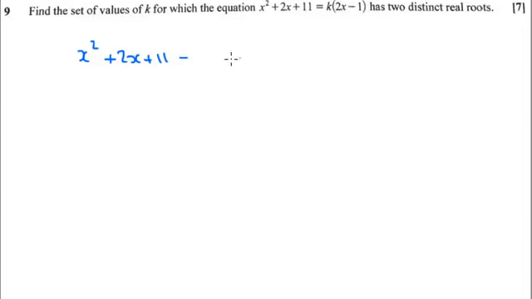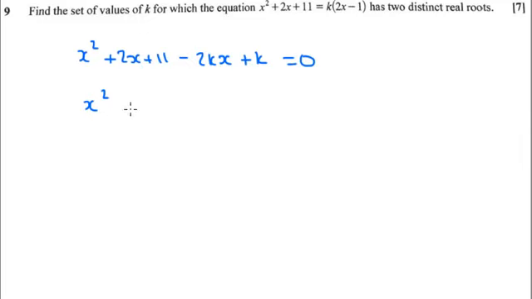I'm going to expand the bracket, so we're going to get minus 2kx and we're going to get plus k. I want the discriminant of this to be greater than 0. So it's going to be useful to have the x terms together.